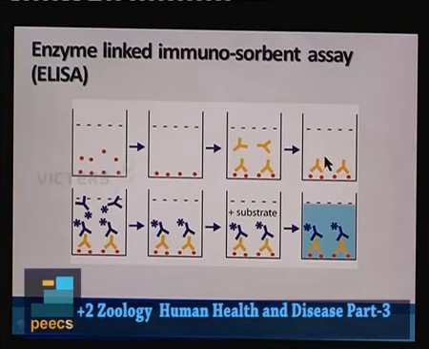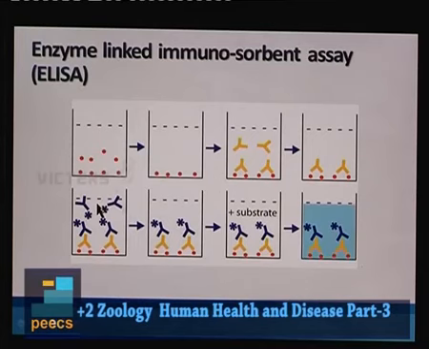Now, in the third step, there is washing, and this washing is done for removal of free antibodies. So, any antibody which is remaining free, or antibodies that are not getting attached onto the antigen, if they are not finding antigen, they will be free. So, they are all washed away during this particular step.